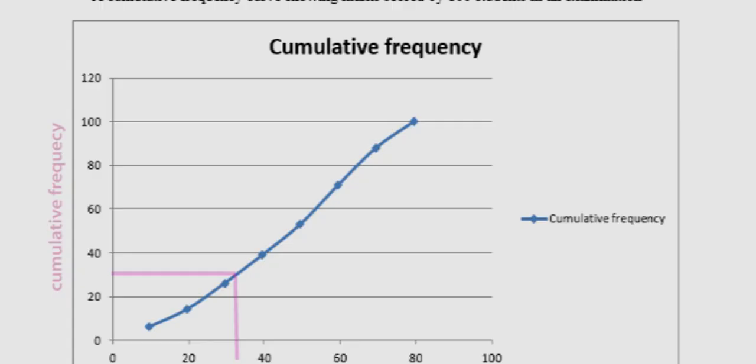Thank you. Now, I'm sure our students will be able to draw the cumulative frequency table, pick an appropriate scale, and draw the graph. And once they have their cumulative frequency curve, they should be able to do the estimates that we have spoken about.